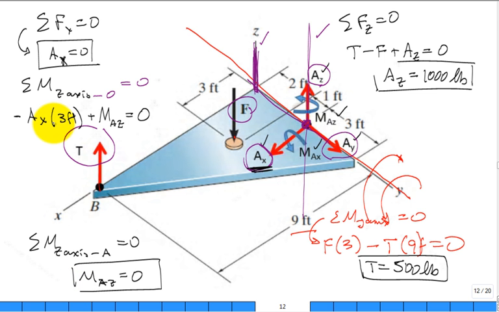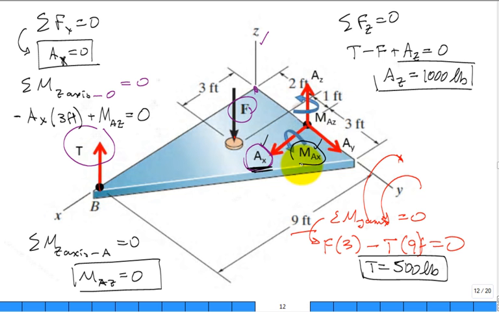All right. How about the moment A in the x-axis, that one? Sum of the moments about the x-axis. Let's go ahead and do that. Sum of the moments around the x-axis.